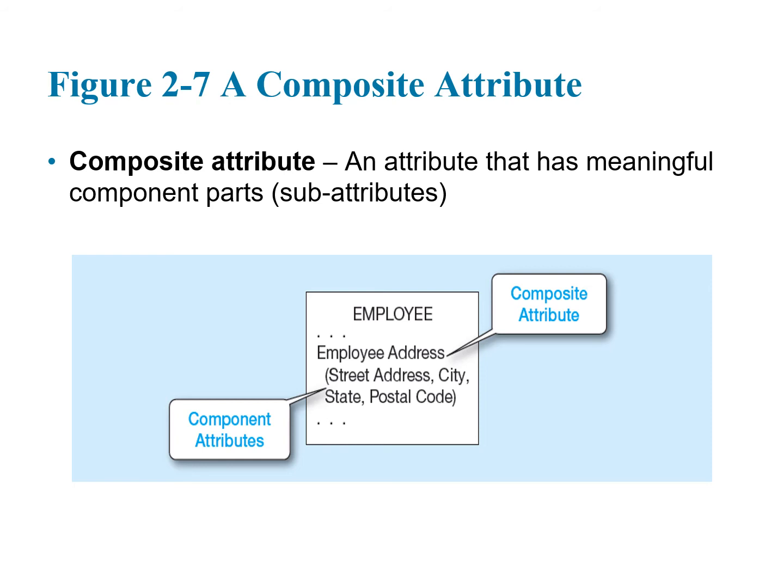For simplicity, we can refer to the employee address, but if we want more detail, we can break it into street, city, state, and postal code. This way, we have the option to describe the attribute at a macro or at a micro level.